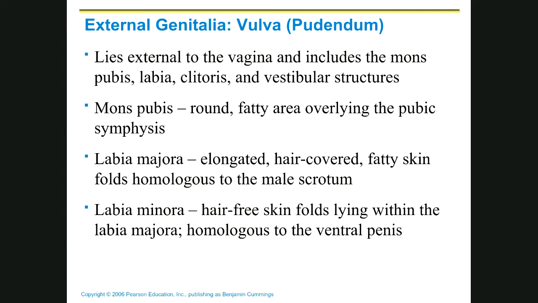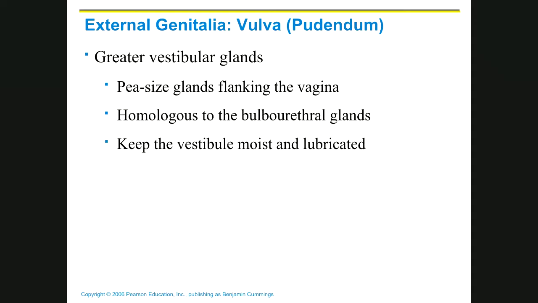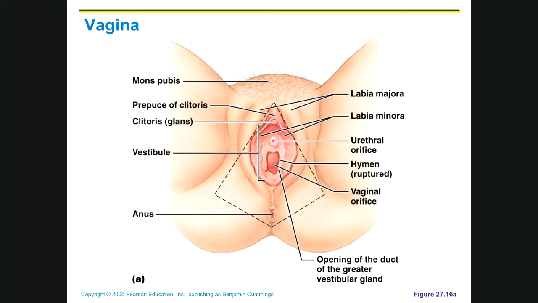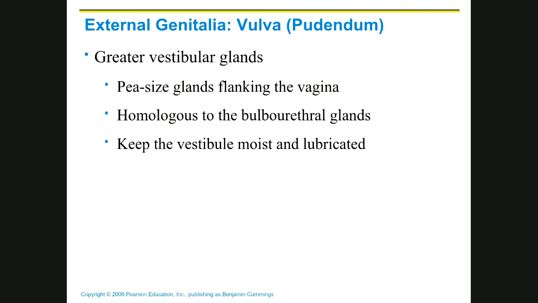There are also glands here. There are two sets of glands. There are these, which are called the greater vestibular glands. And the greater vestibular glands, when you look at them, they're about the size of a pea. They're homologous, comes from the same tissue, as the bulbourethral glands. Remember, bulbourethral glands produce this fluid, which is called pre-ejaculatory fluid.